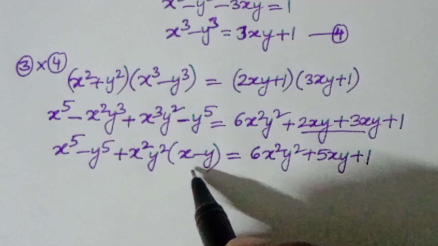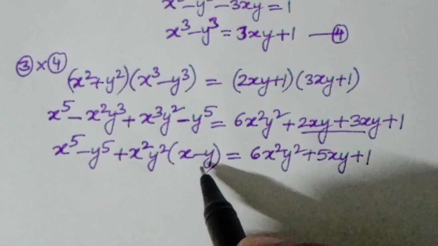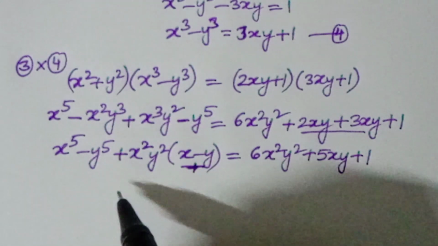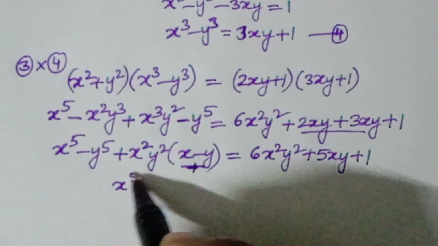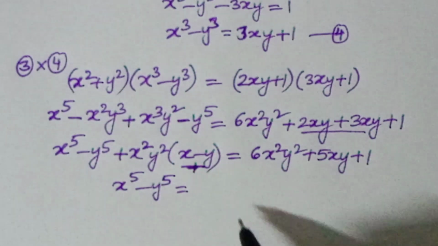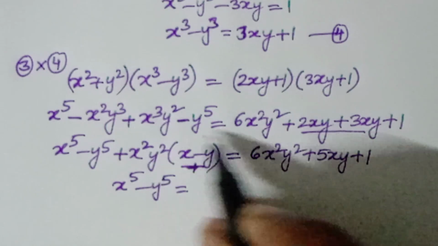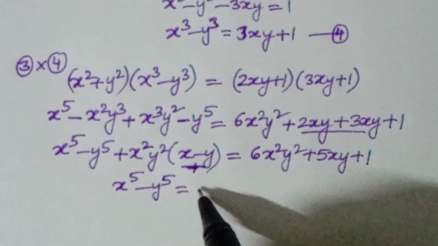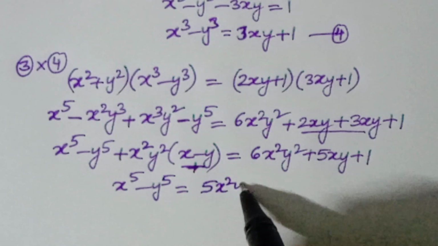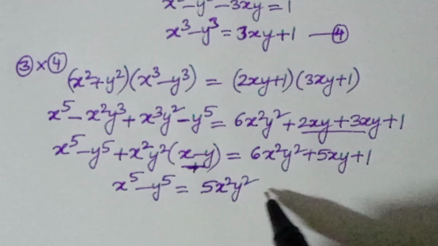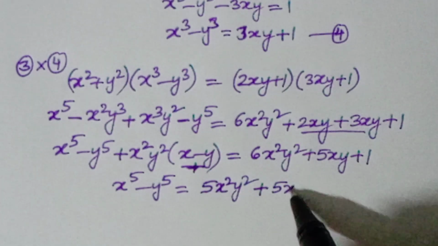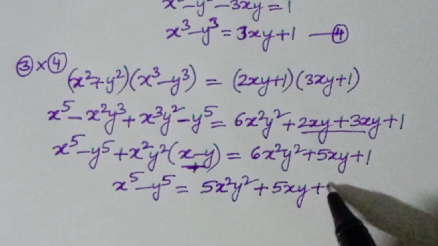So this value is x minus y value, already you know it is 1. So x to the power of 5 minus y to the power of 5 is equal to, taking x square y square to that side, 6x square y square minus x square y square will get 5x square y square plus 5xy plus 1 now.